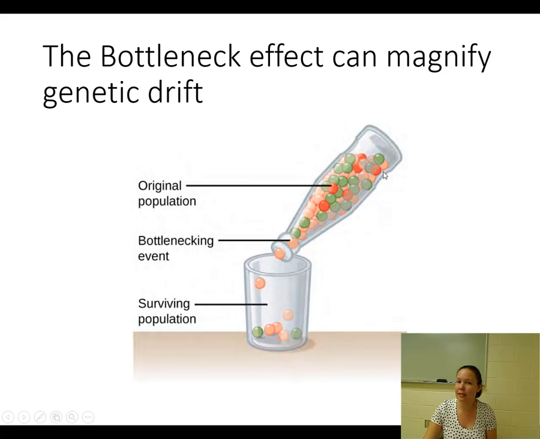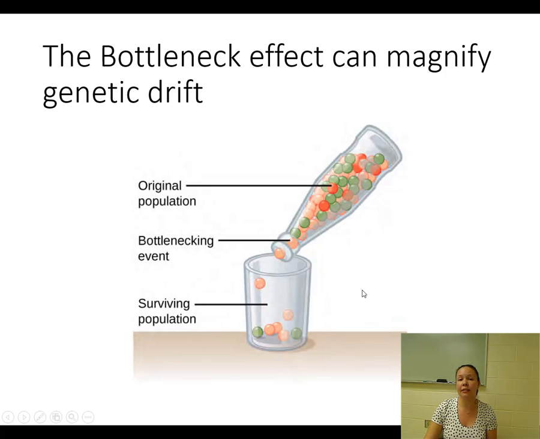Again, not necessarily, because in a natural disaster, the forest fire doesn't care what alleles they're weeding out of the population. So it could be just that the light orange and the green marbles survive, and we don't have any members that are this darker orange color.